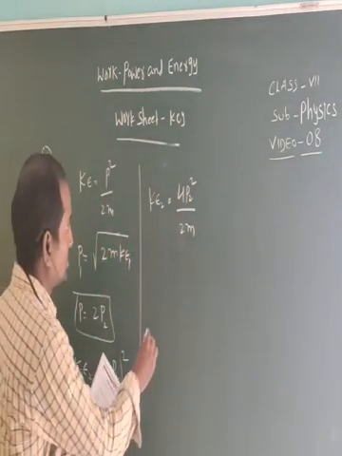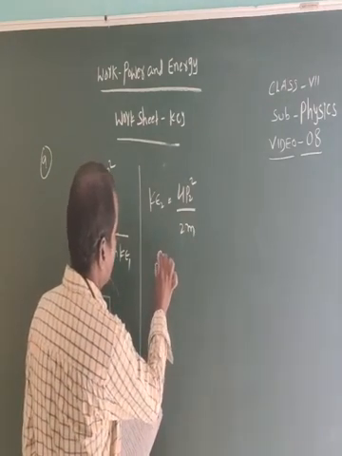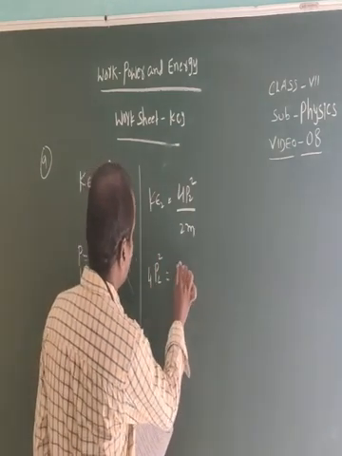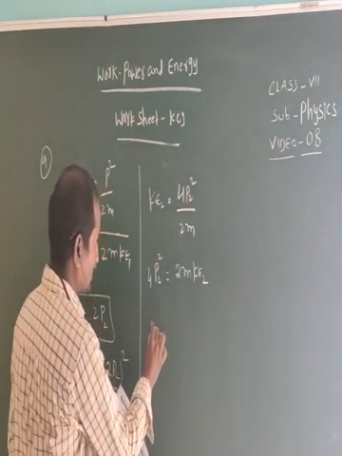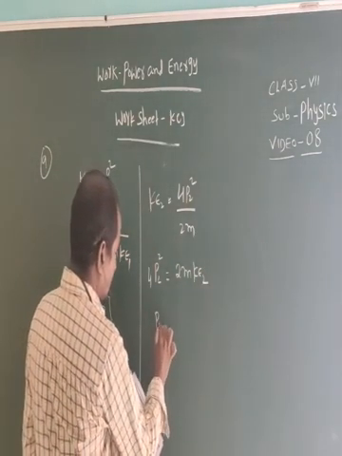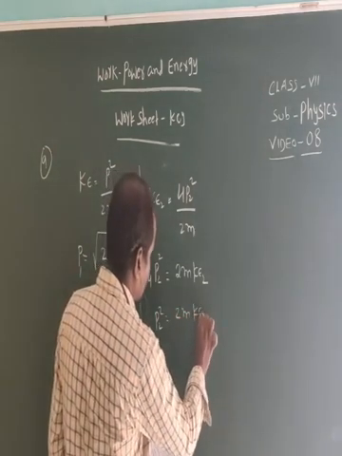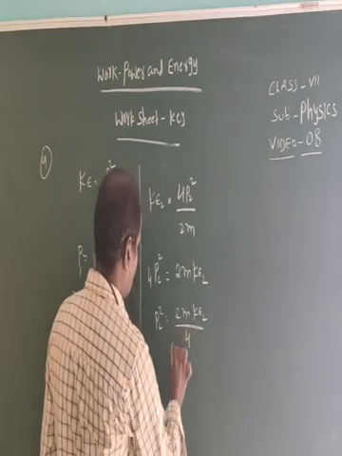Now here 4 P1 square equals 2m K2, so P2 square equals 2m K2 by 4.